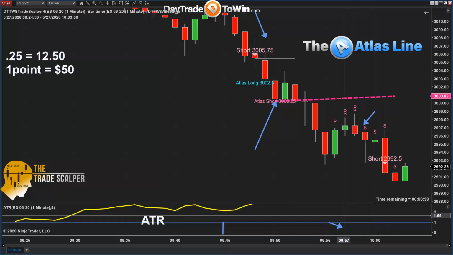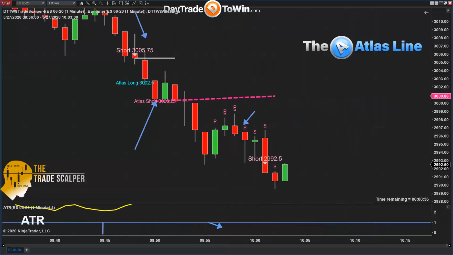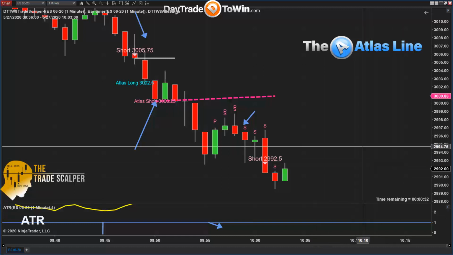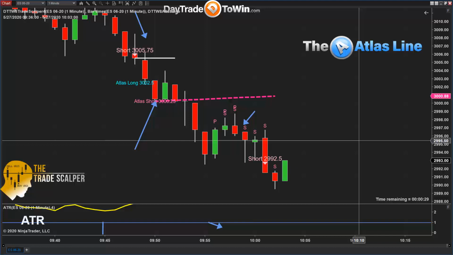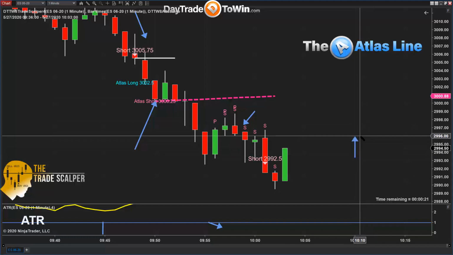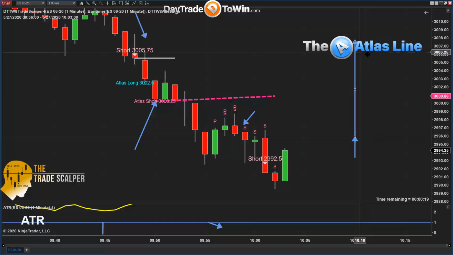Let's talk a little bit about overbought and oversold. Overbought and oversold is this situation where the market moves in a very strong and very fast distance, and you see the market moving in a short amount of time with large candles.